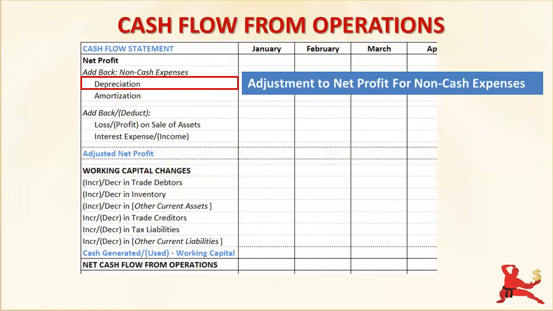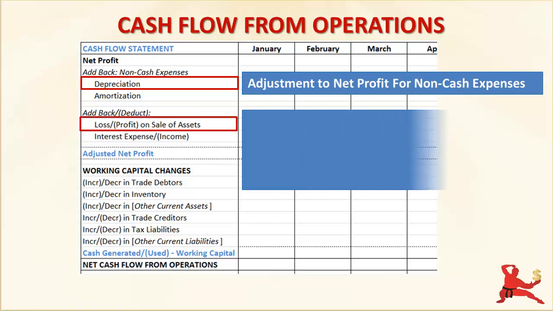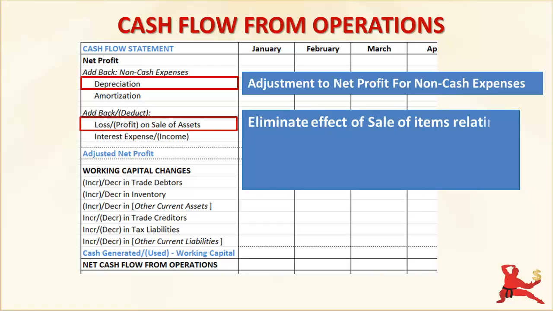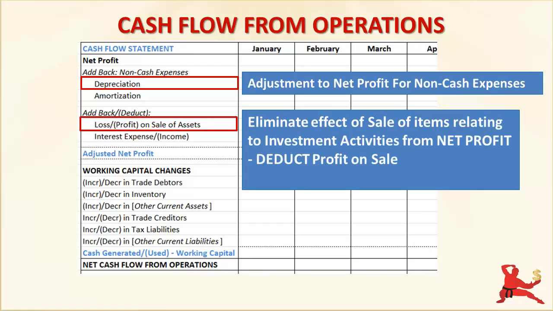But what happens to the profit or loss on sale of the car? This profit or loss would have been included in the calculation of net profit in your profit and loss statement. It is eliminated in the adjustments made in the cash flow from operations section. We deduct the profit on sale of the car to get rid of it from the net profit figure. If it is a loss, we add it back to the net profit. Why add back?